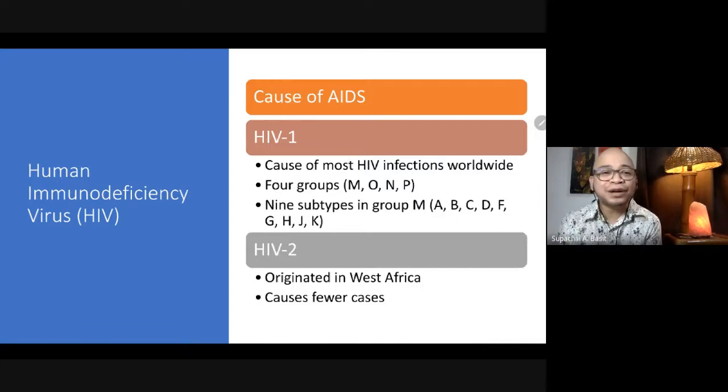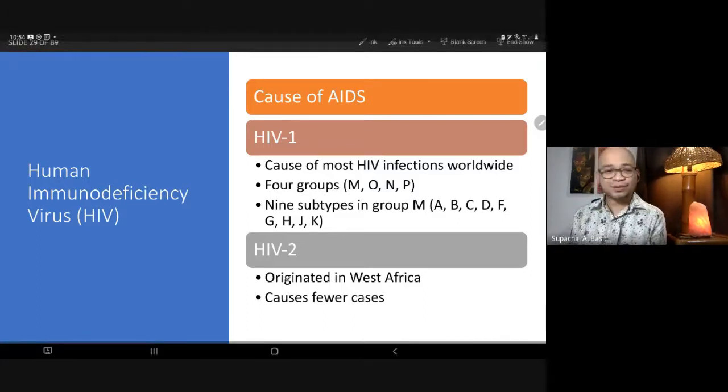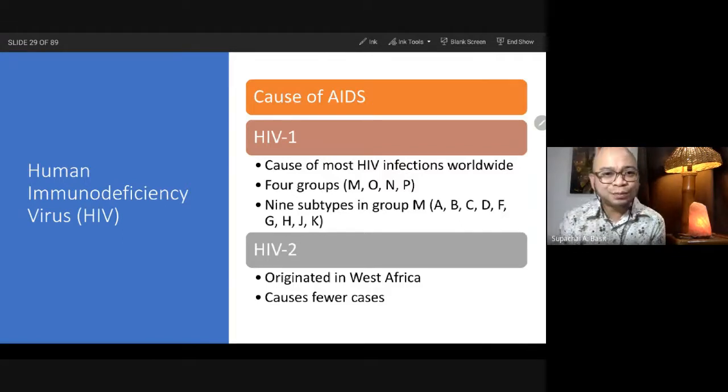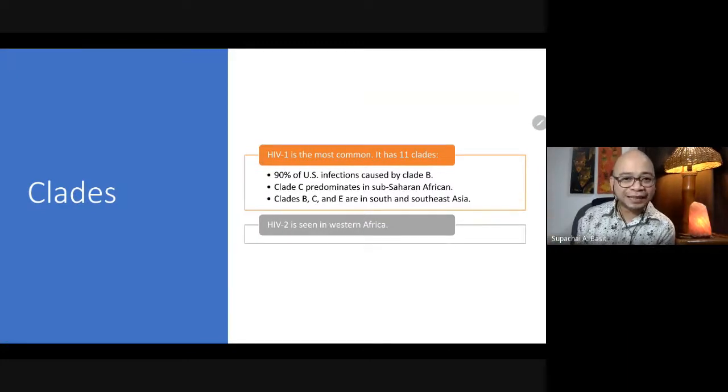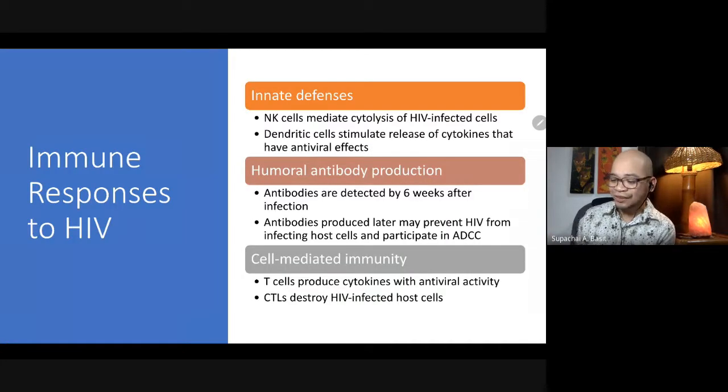HIV-1 is the most common infection worldwide. It has groups, M, O, and P. M is actually the major group, and there are subtypes in group M, A, B, C, D, F, G, H, J, K. And then HIV-2 originated in West Africa and causes fewer cases. So like what I've told you, HIV-1 is the most common, and it has 11 clades. And HIV-2 is seen in Western Africa.